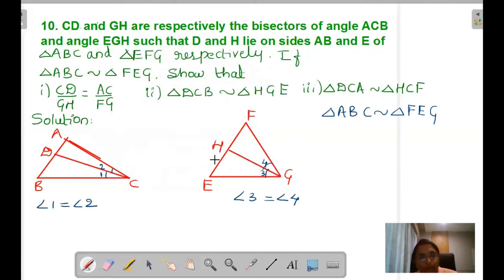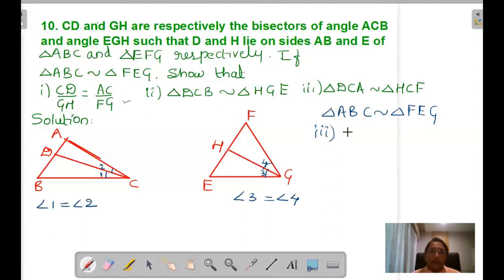To prove this, if you prove triangle ADC is similar to triangle FHG, then easily we can write this. But that is given in the third one. So we'll change the order in solving this example. First, I'll solve the third one. Then with that we can easily write the first one.